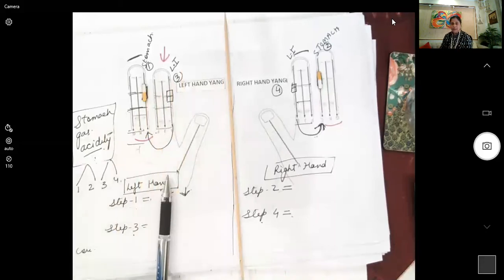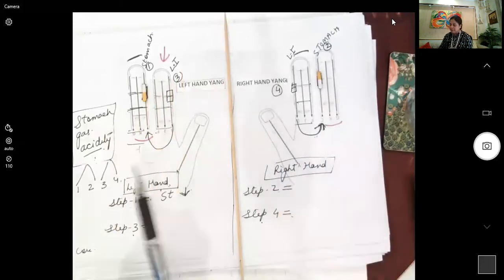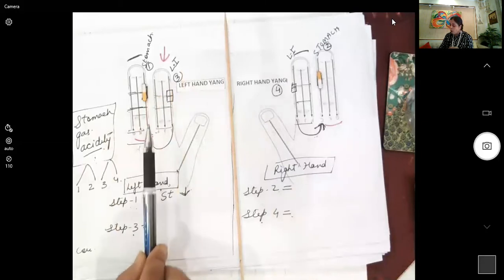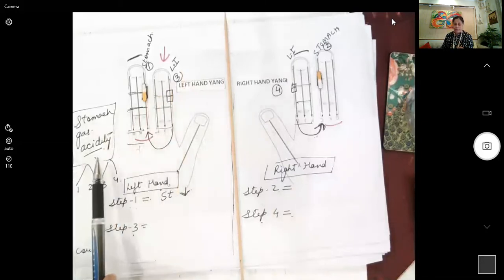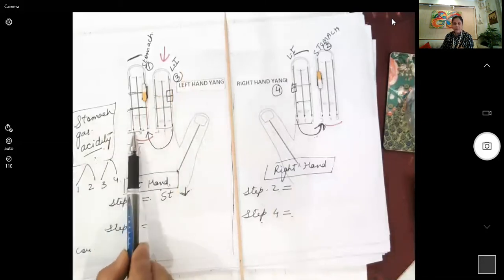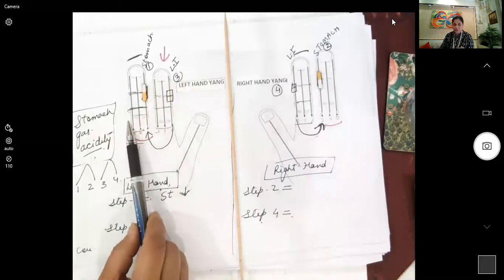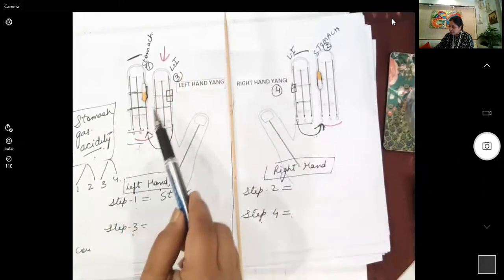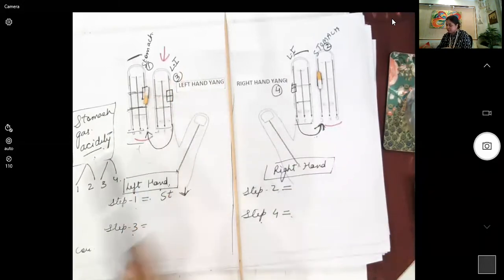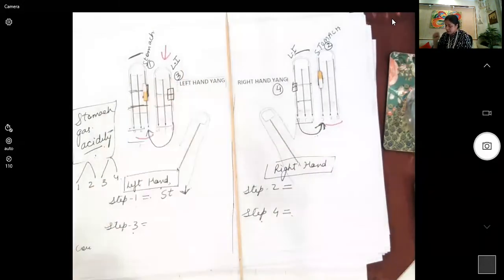When you're doing the third step, please don't see this hand, just see this hand. What is the previous step you have done? Okay, so the previous step is sedation. So you did sedation.